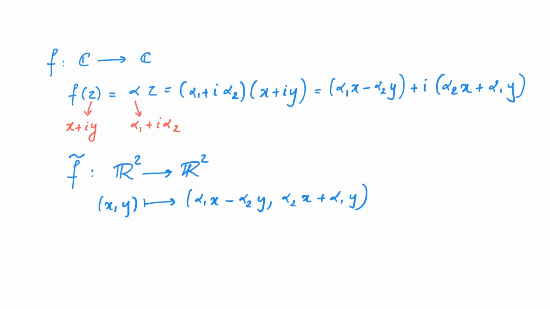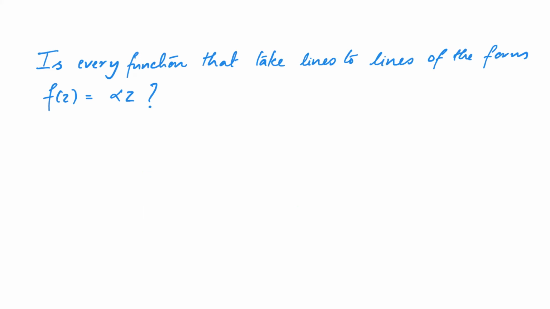Now observe that such a function takes lines to lines. That is something we have seen already. And therefore, the function f of z equal to alpha z should also take lines to lines. We saw that functions of the form f of z equal to alpha z take lines to lines.